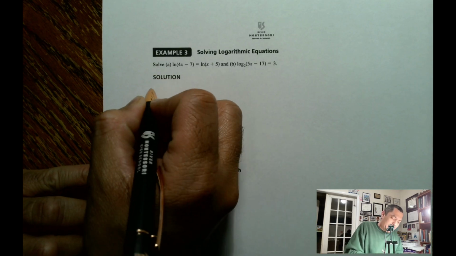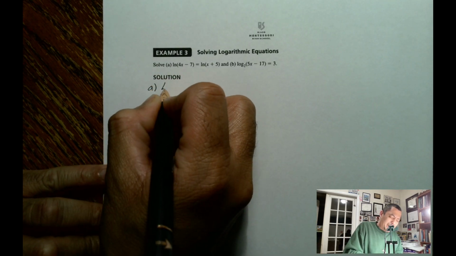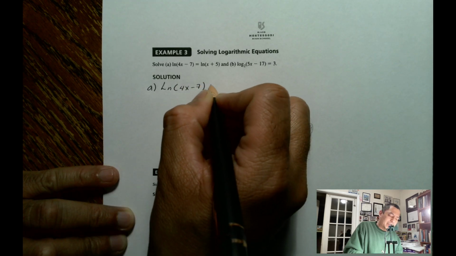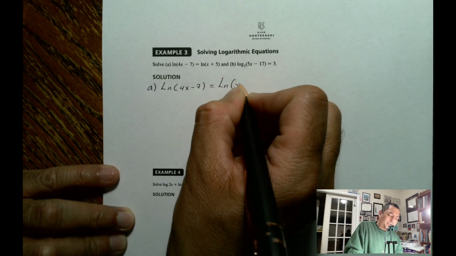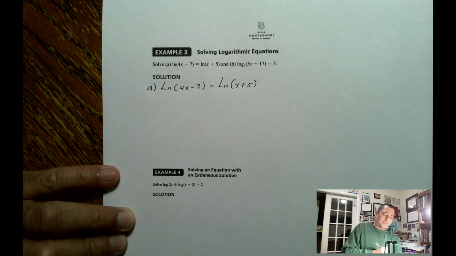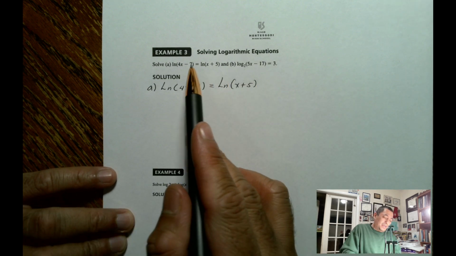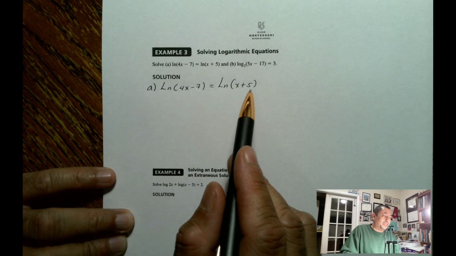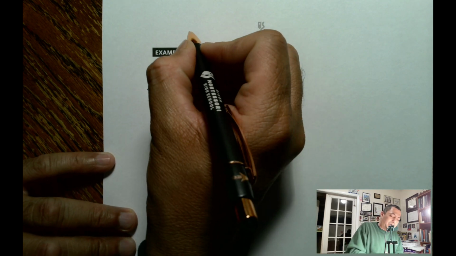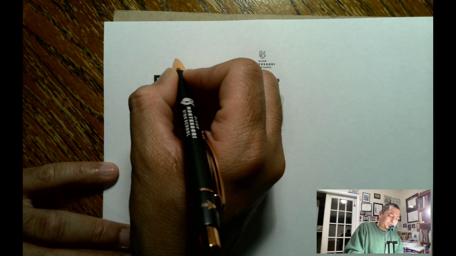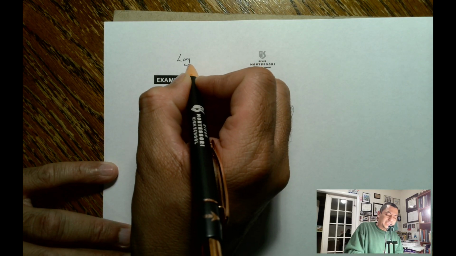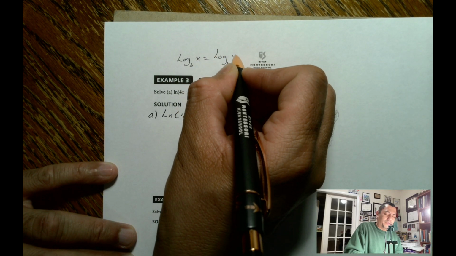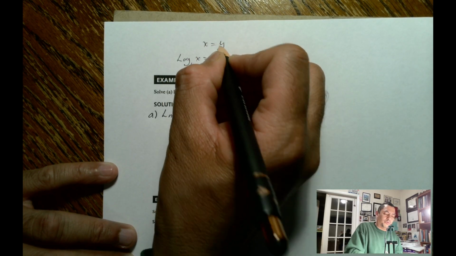So A, I'm going to solve ln of 4x minus 7 equals ln of x plus 5. I do have natural logs on both sides of the equation, and this is pretty much the property that we had before, that log base b of x equals log base b of y, so x equals y.